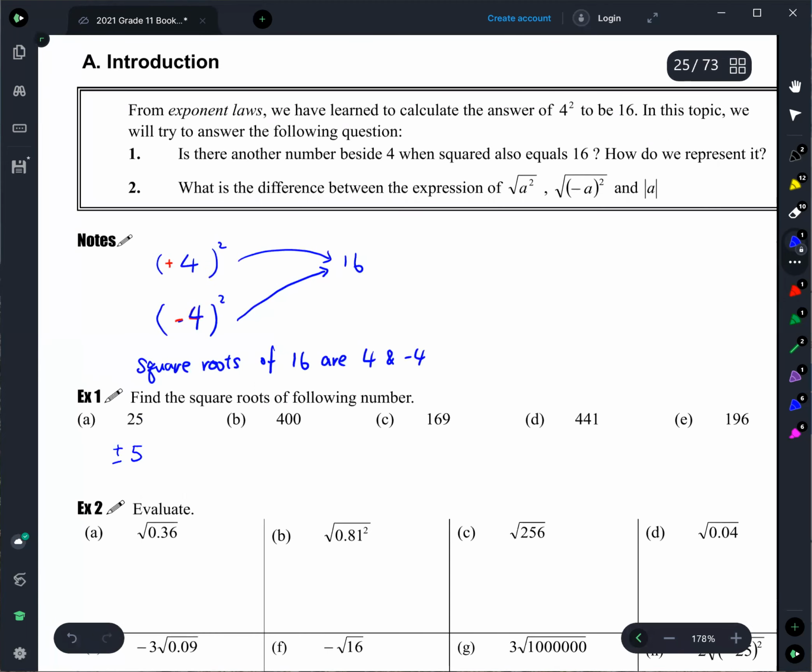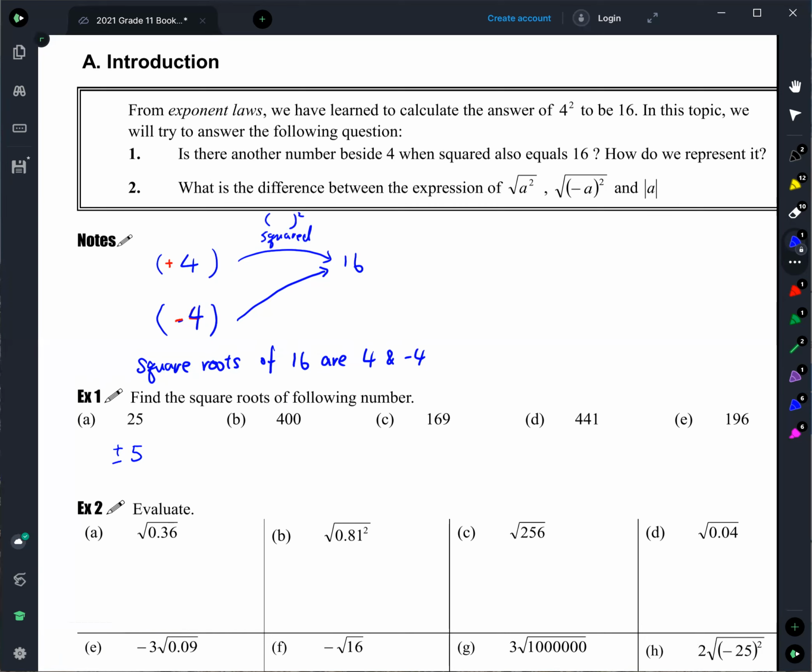Okay, so the number 4, I'm going to change the notes a little bit, okay? Instead of writing the square there, I'm gonna write it on the arrow, okay? Square. Okay, so 4, if you square that, it'll give you 16.